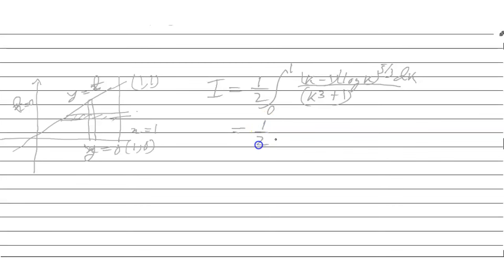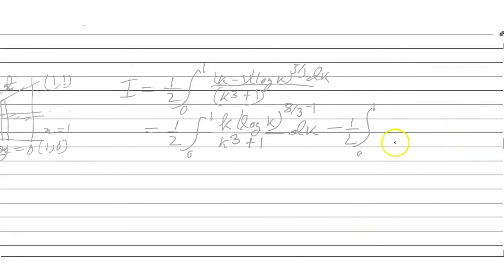So it is half into 0 to 1 k into log k whole to the power 8 by 3 minus 1 divided by k cube plus 1 into dk, minus half into 0 to 1 log k whole to the power 5 by 3 divided by k cube plus 1.